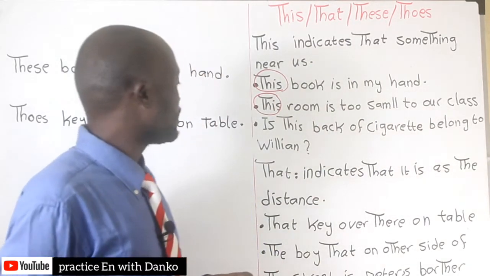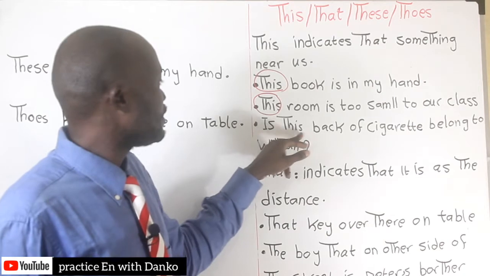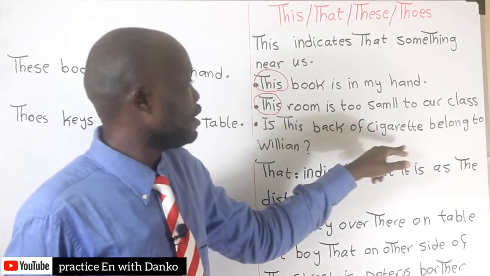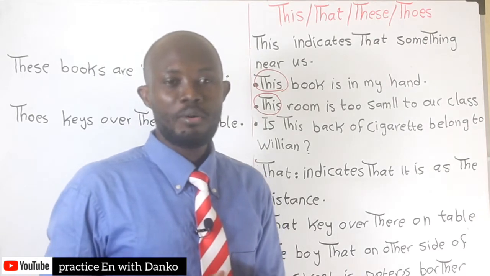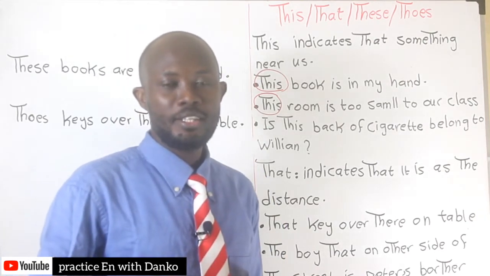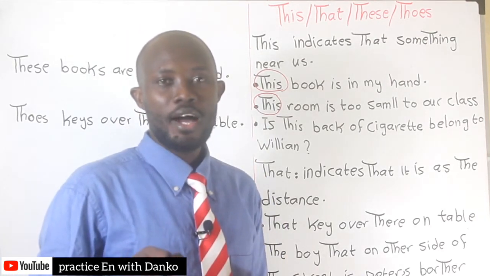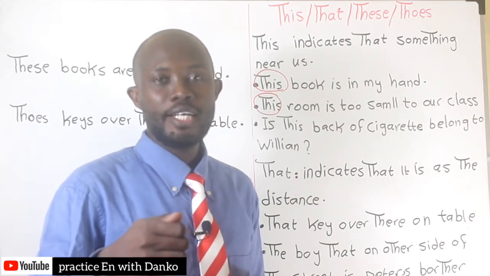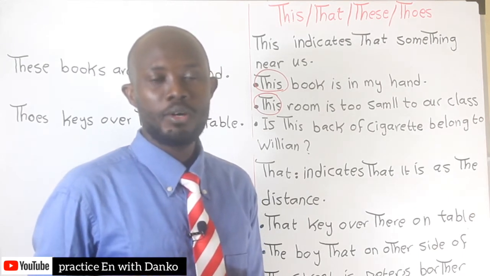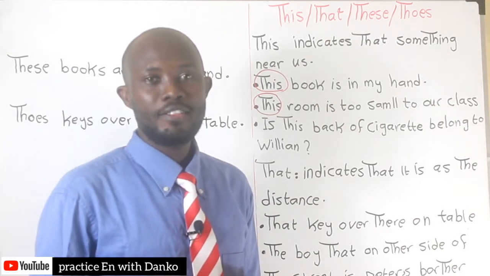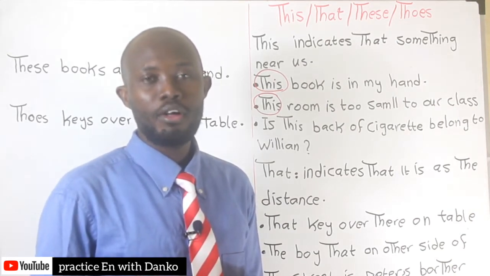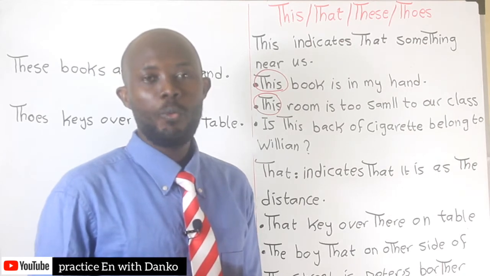All right, next, is this packet of cigarettes William's? Maybe you hold the packet of cigarettes and point to it or indicate it to someone with you to ask him if this packet of cigarettes belongs to Mr. William.